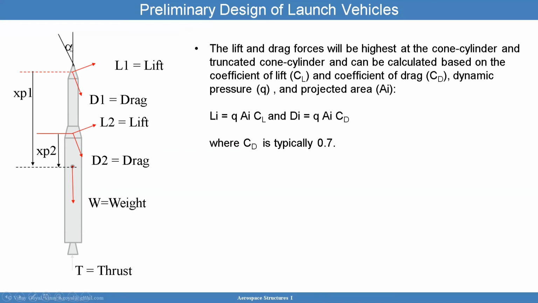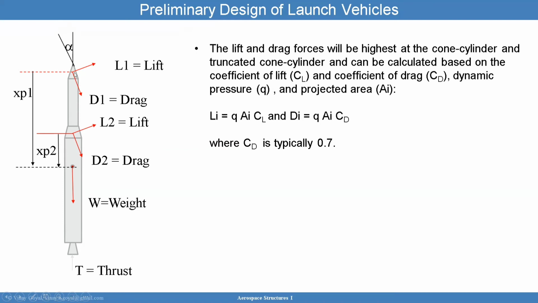So say this is an angle of attack. The angle of attack causes a lift which is perpendicular to the direction of motion, and that's your load, that's lift. And that lift is calculated as the dynamic pressure Q times the projected area AI, times CL, which is the lift coefficient.